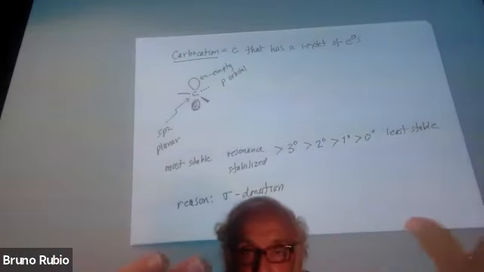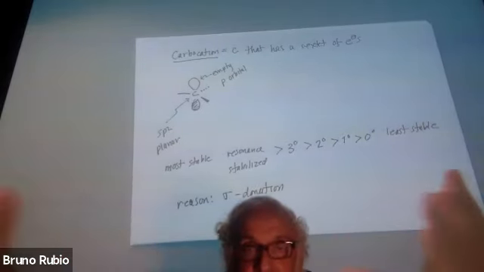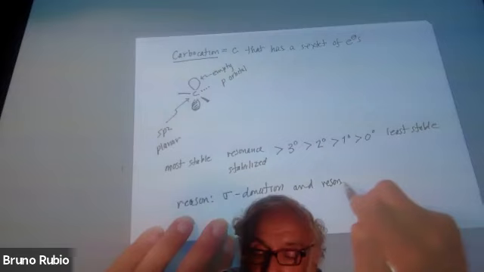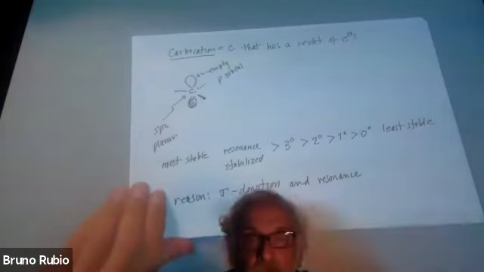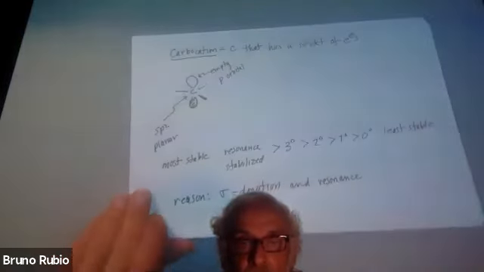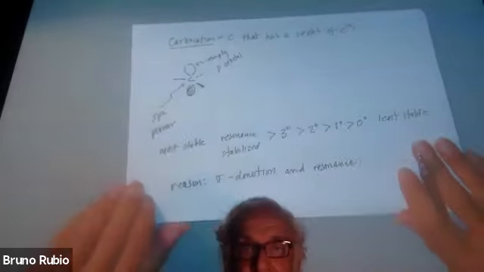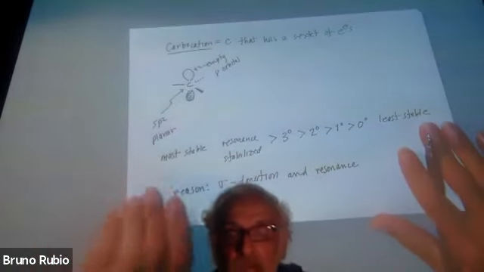Resonance is much better at that than sigma donation, so the enhancement is greater. Okay, so the carbocation is very similar to a radical, except that it has an empty p orbital. Okay, so let's do some problems.